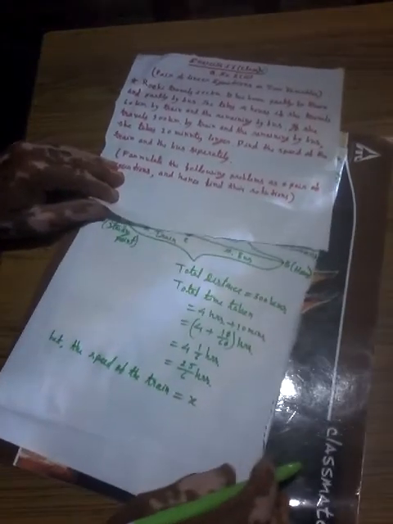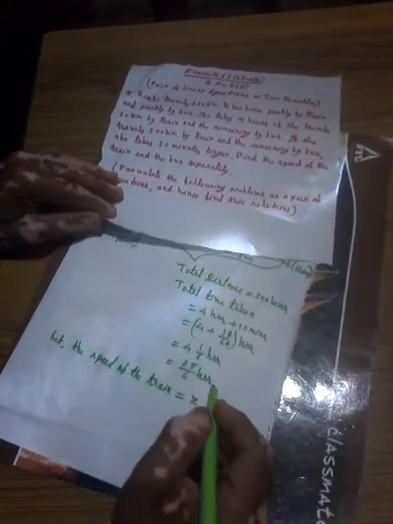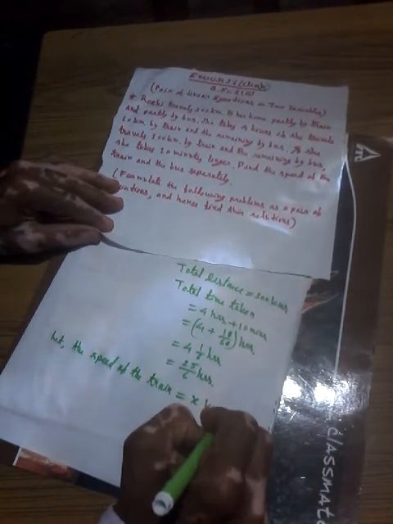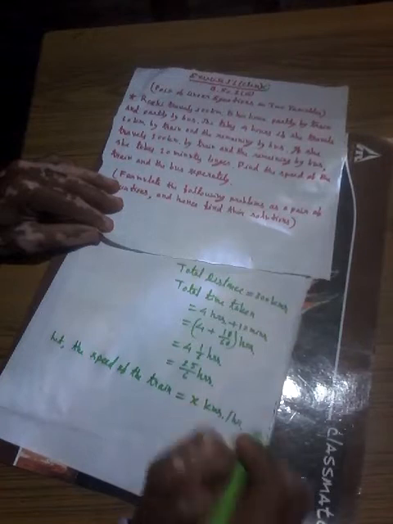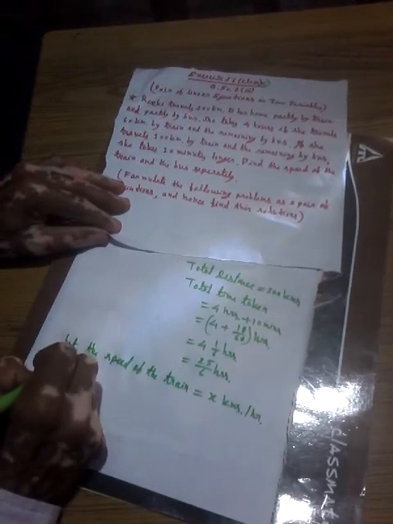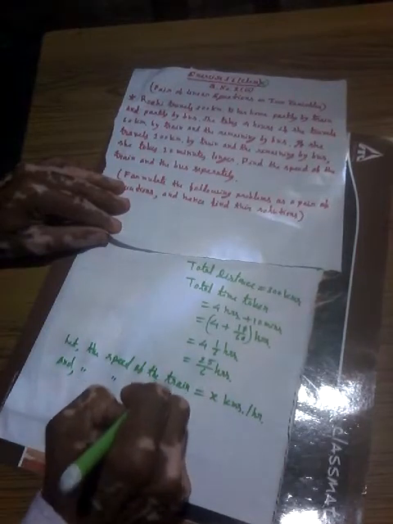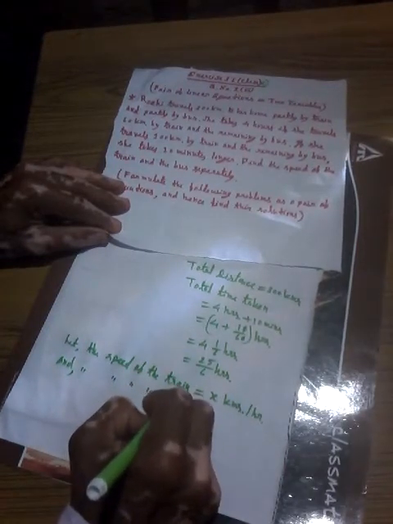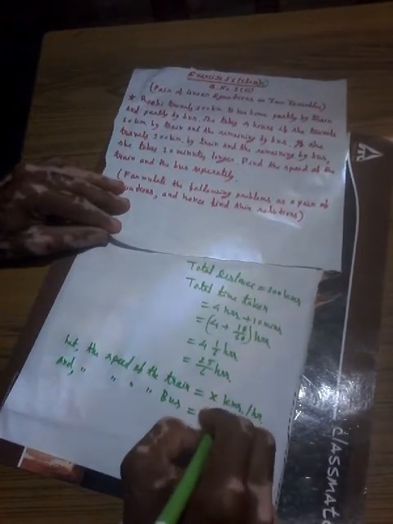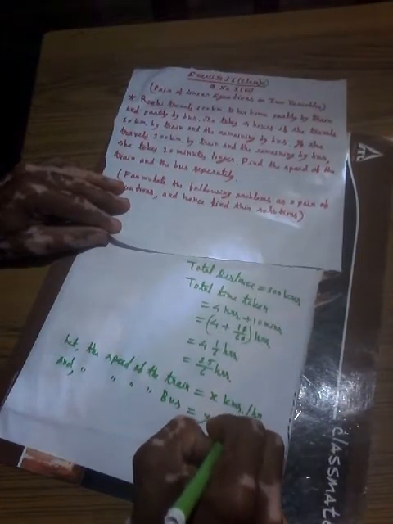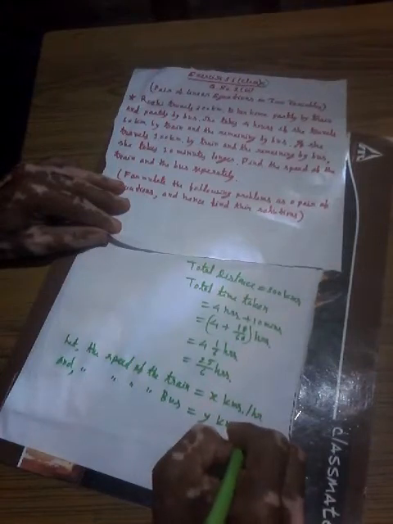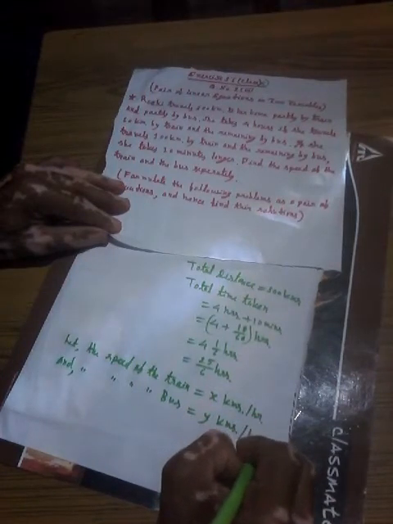So we can consider the speed of the train to be x kilometers per hour, and the speed of the bus is equal to y kilometers per hour.